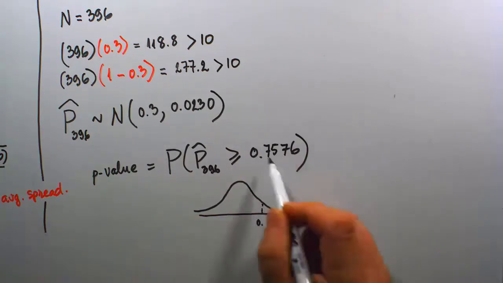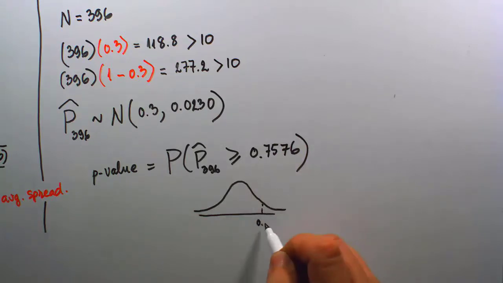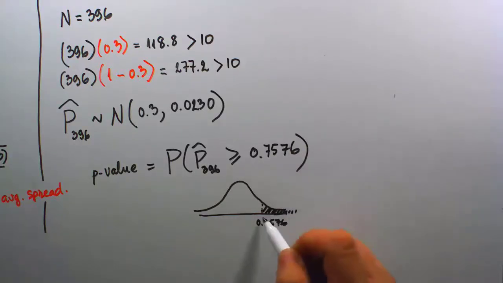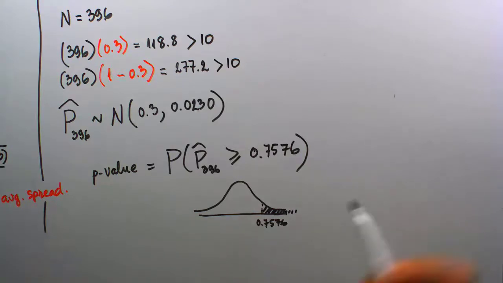And so, of course, according to the statements right now, we're looking at an area shaded to the right-hand side on a bell curve from wherever 0.7576 is.